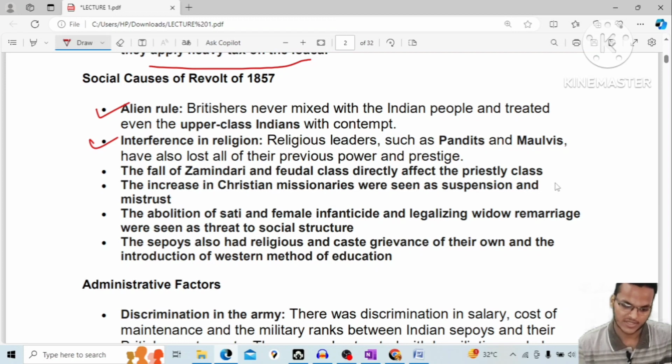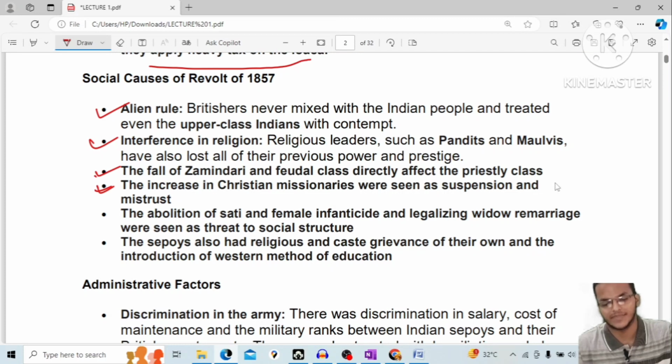और वहाँ पे Christian missionary, the increase in Christian missionaries were seen as a mistrust and suspicion. Next, the abolition of sati and female infanticide, and this because that time the people thought that these things were the social process, and these were the Indian traditions and were part of Indian culture.